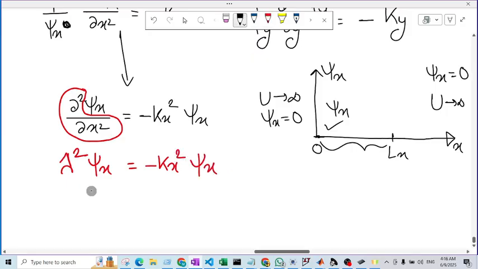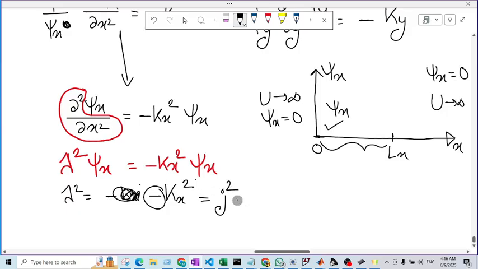And from this equation it is clear that lambda squared is equal to minus kx squared. Here x is a subscript, k with subscript x. And I can write minus 1 is equal to the square of the imaginary number j, and lambda is equal to plus jkx, minus jkx.